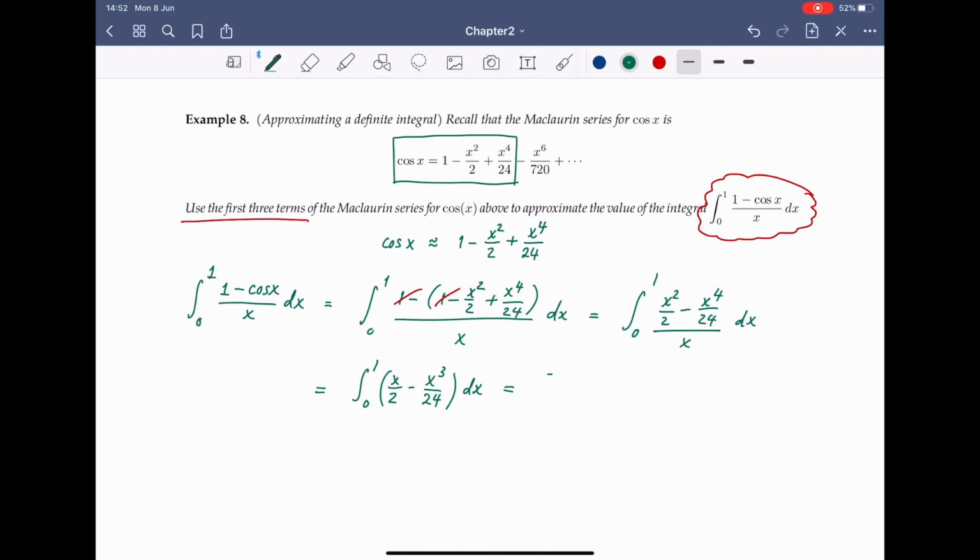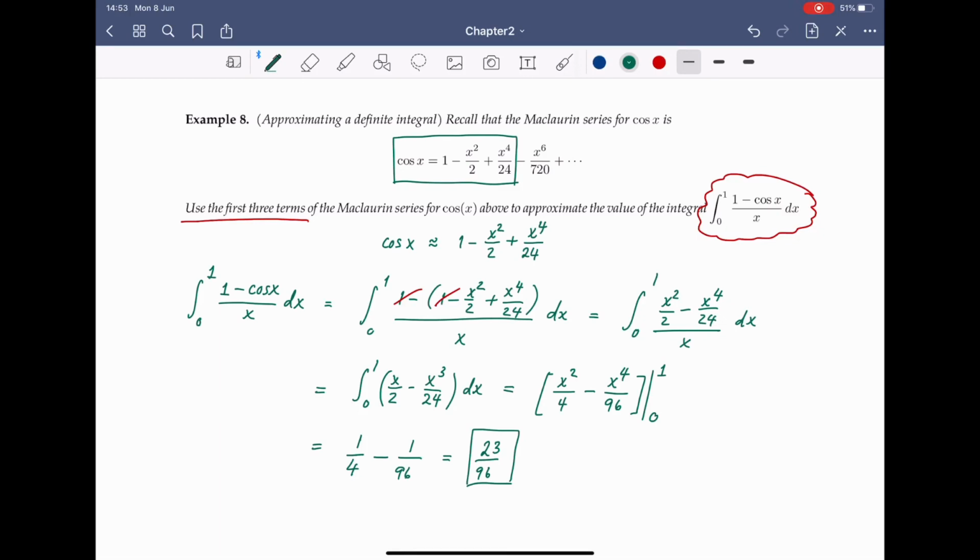And now I have x squared over 4 minus x to the fourth power over 96, right? Because 24 times 4 is 96. Then evaluate at x equal to 1 minus x equal to 0. What I get at the end is a quarter minus 1 over 96. So the answer is 23 over 96. Alright, and that is the approximation for this integral.